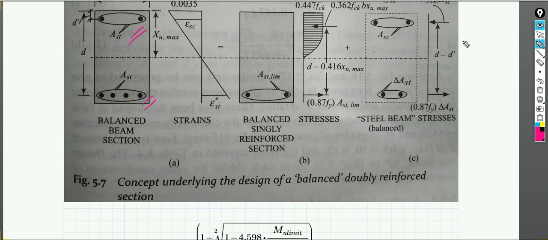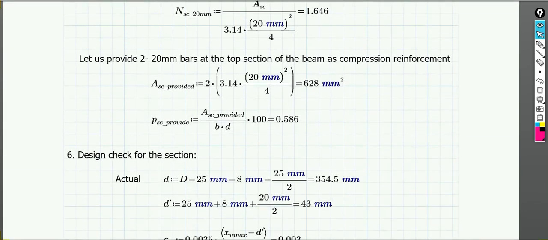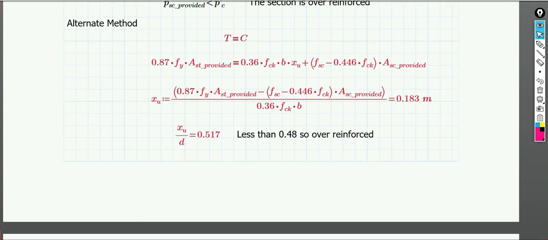If you combine these two stress blocks, you can find out the equilibrium equations for a balanced section, where compression force should be equal to tensile force. From that, PC dash, that means for a balanced section how much percentage of compression steel is required, can be calculated. You can derive this equation if you want, but I would suggest you remember it, and you will get this equation in the book of Pillai and Menon as well.